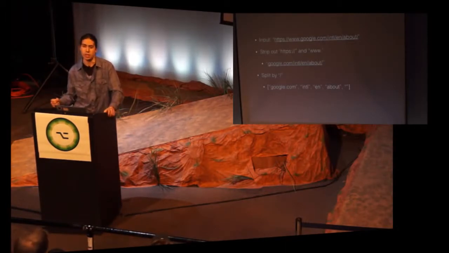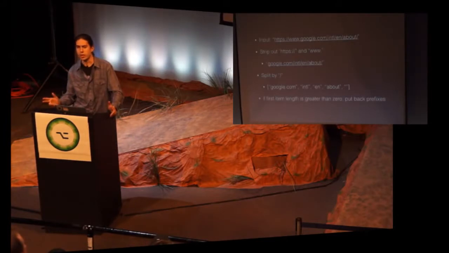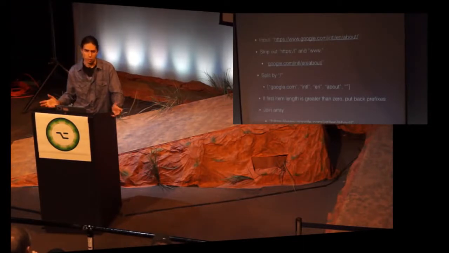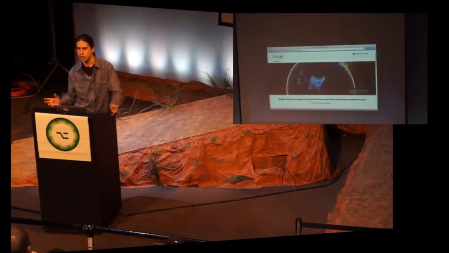Is this valid? And if it comes back and says yes, it is valid, there's nothing wrong with it as far as we can see, we can prepare it and do a sanity check and make sure that all domains exist. They're not going to be 0 length, so we'll sanity check it for 0, prepare the prefixes to put back in, join up the array, and now we're left with that same input that we started with.